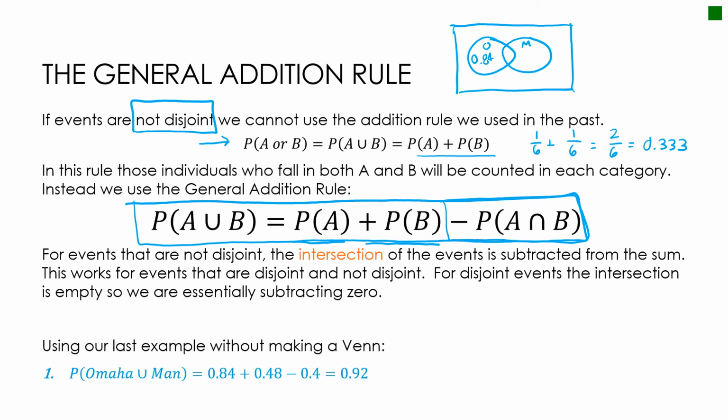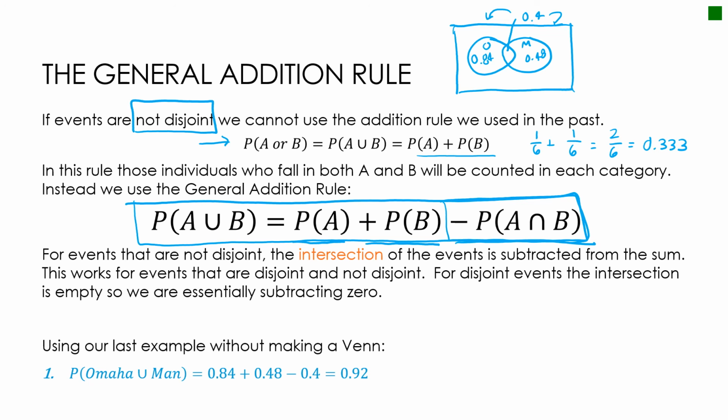But if I put 0.84 there, and then I look at men, which is 0.48, essentially what's happened is this value in the middle, which is the 0.4, was added twice. It was added once to the people from Omaha and once to the men.